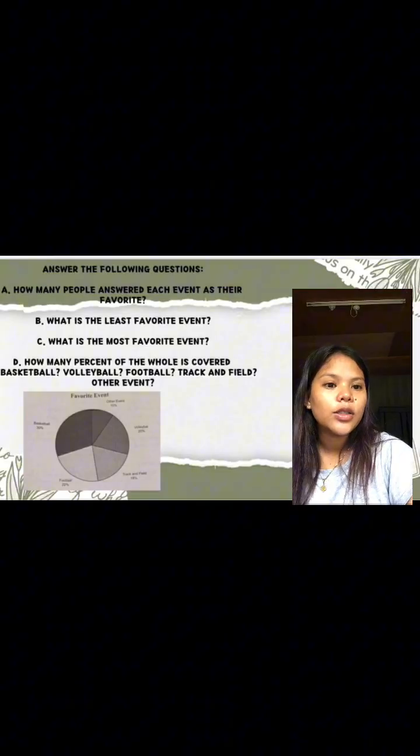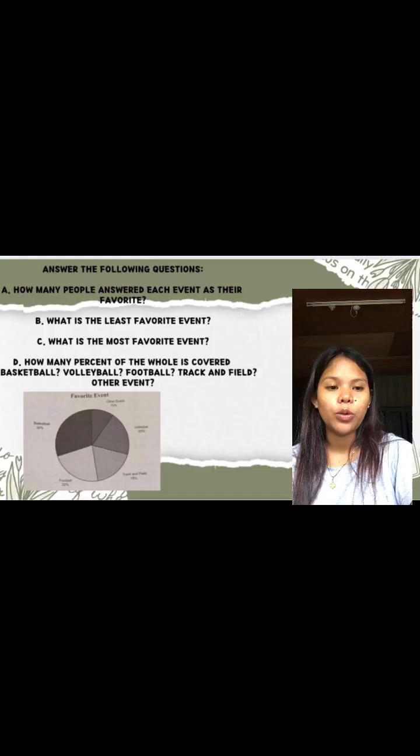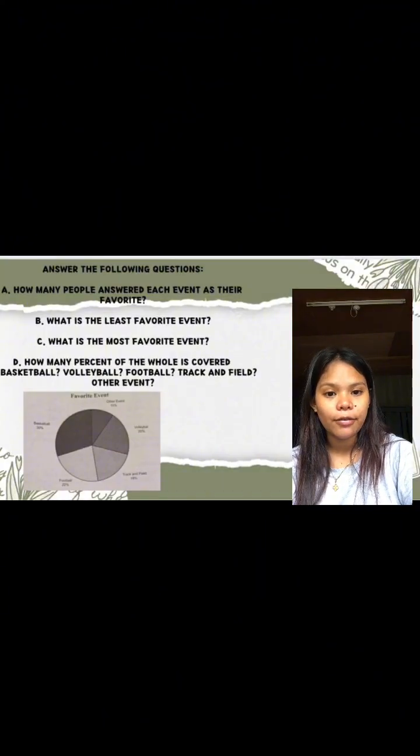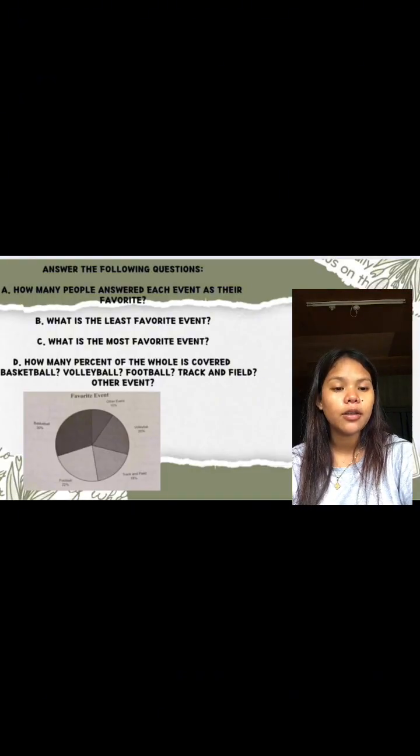And letter B is what is the least favorite? Pinakagamay og percentage. So the least favorite event is other event kay naa lang siya 25 people selecting as their favorite. So C, what is the most favorite event?